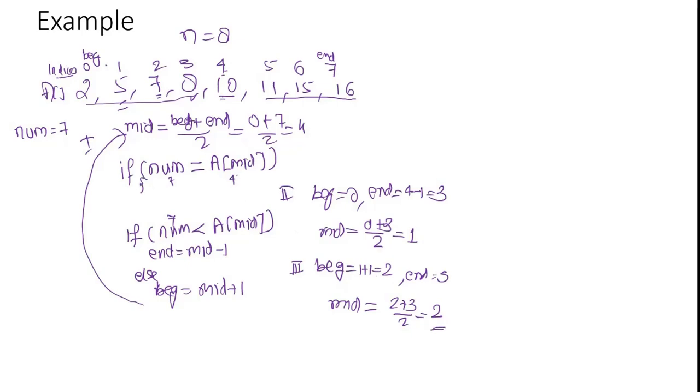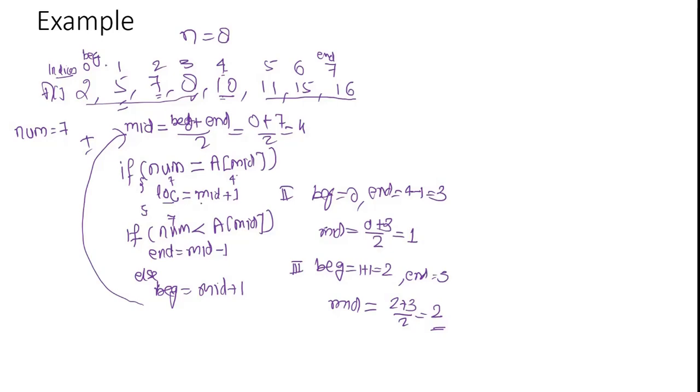So if the number is found, what do we have to do? We have to return the location. So location will be, we can say, mid plus 1. Why so? Because index is starting from 0, but in real life we do the counting from 1, 2, 3, 4. So if we have to tell the location, we will count from 1, 2, 3.